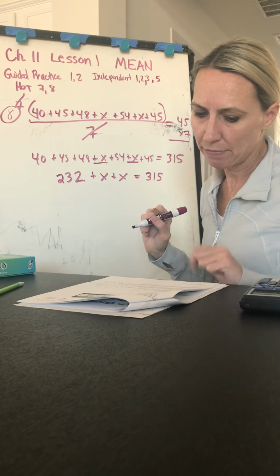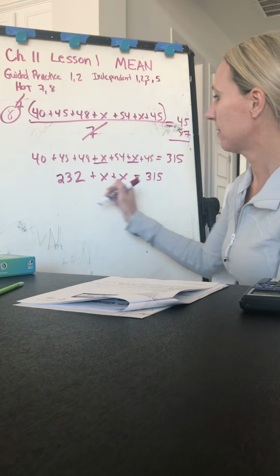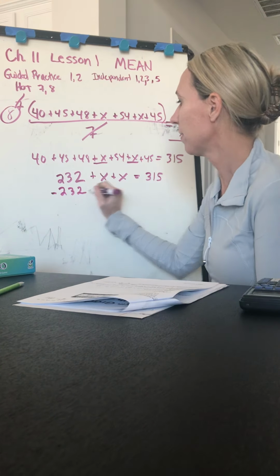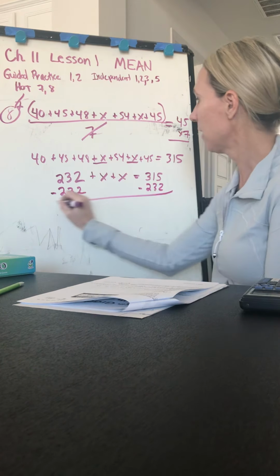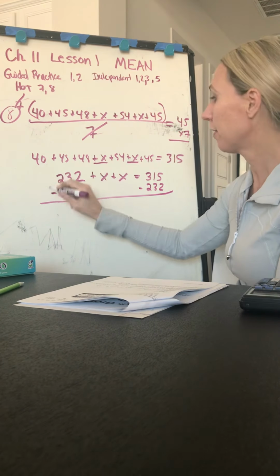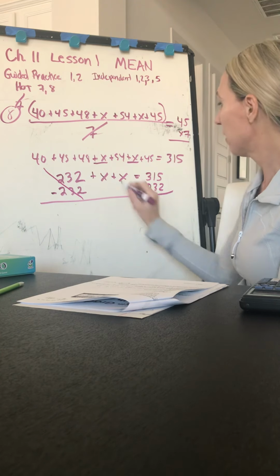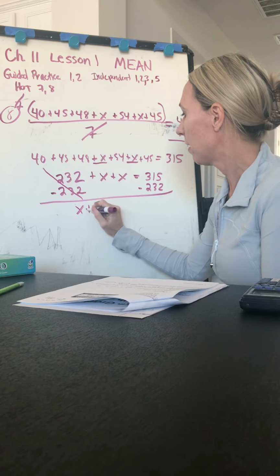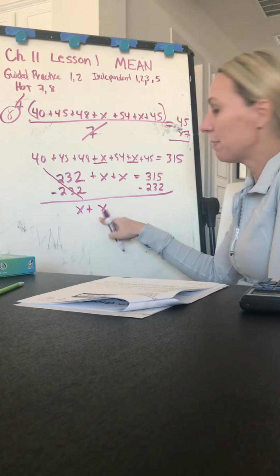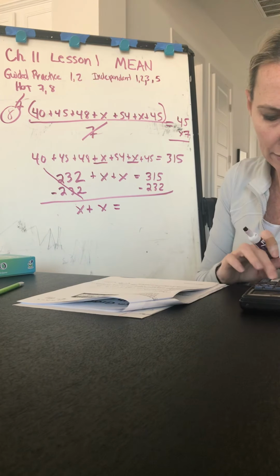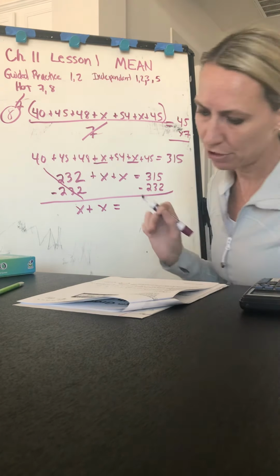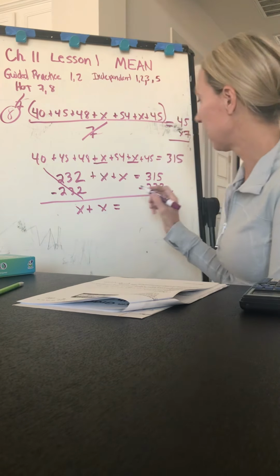Then I want to get the x's by themselves, so I'm going to subtract 232. Whatever I do to this side, I'm going to do to this side. Did you get 232? Okay, those cancel. So I'm left with a missing number plus another missing number, which is going to give us 315 minus 232, which is 83.